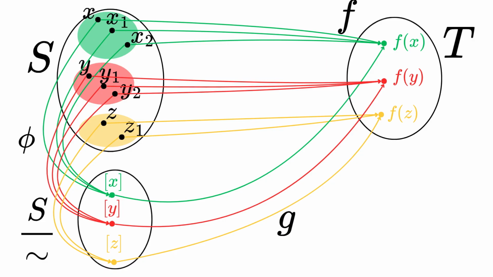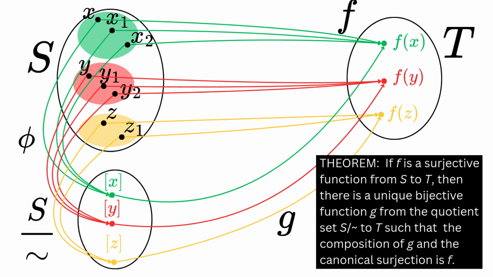Finally, we notice that the composition of g and the canonical surjection is the original function f. We have thus shown the following theorem. If f is a surjective function from S to T, then there is a unique bijective function g from the quotient set, S over the relation defined by f, to T such that the composition of g and the canonical surjection is the function f.